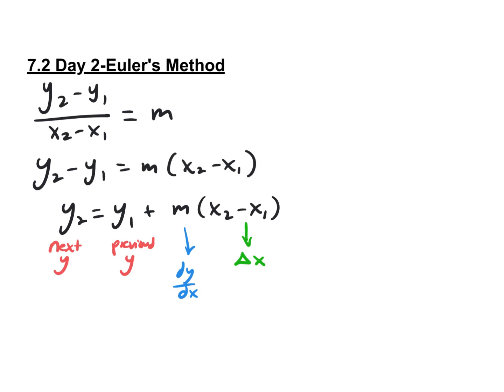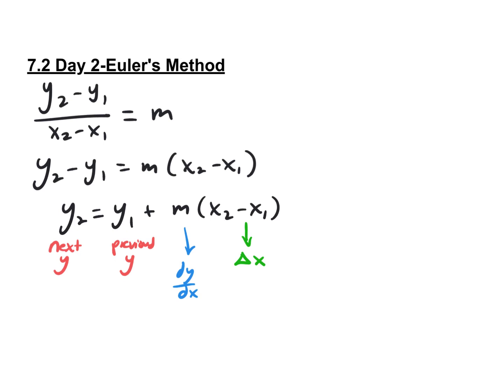And then our difference of the x's is what we call delta x, or change in x. And it's going to have another phrasing that we're going to talk about in a second that you're going to need to become familiar with. So we've taken something at an algebra level and changed it, and started thinking about it at a calculus level.